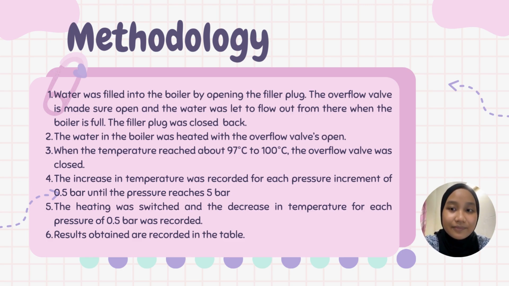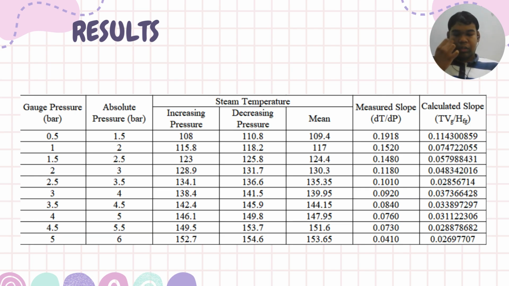From the results, we can see that as the absolute pressure increases, the steam temperature will also increase, and the measured slope will slowly decrease over time.